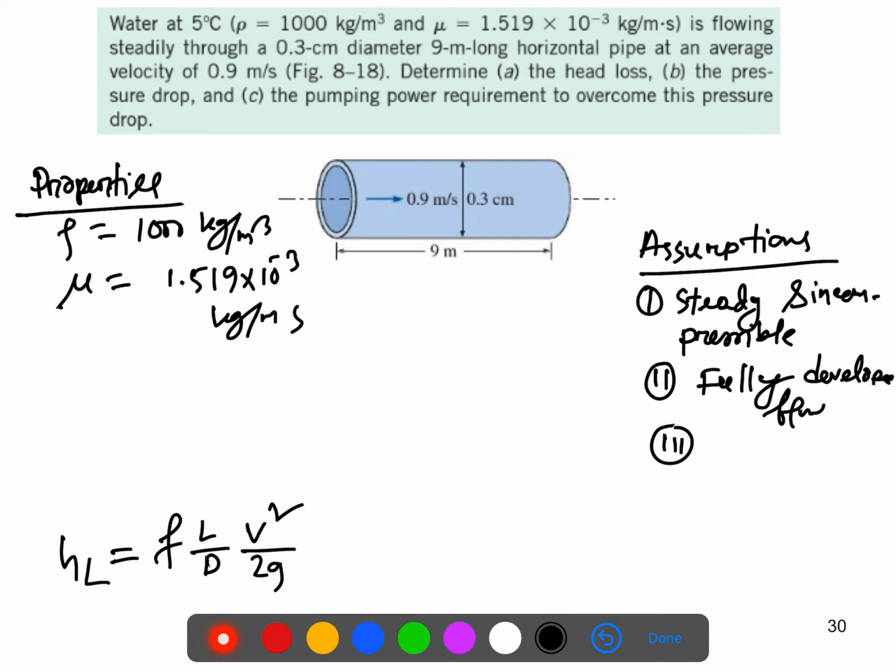You may find this is quite similar to the pressure drop, but we'll discuss it later. You'll see we have very small differences between these two formulas, the head loss and the pressure drop. Anyways, for head loss we know f L over D times V square over 2g.